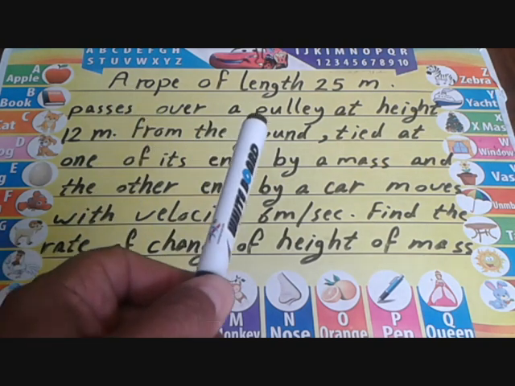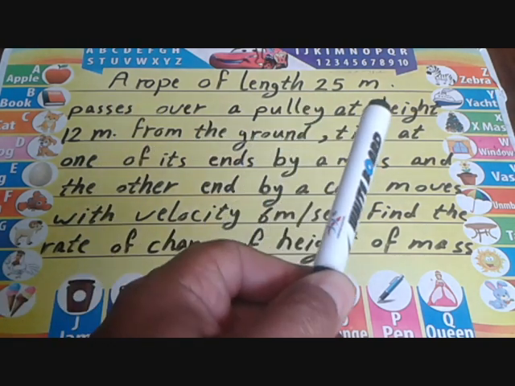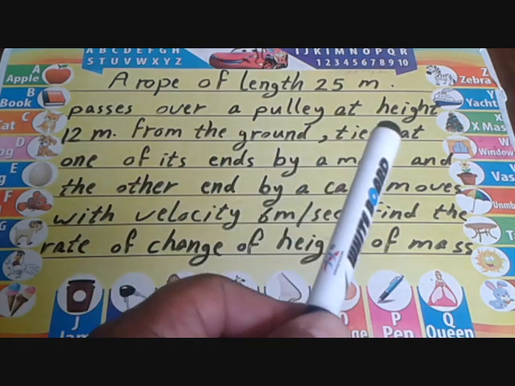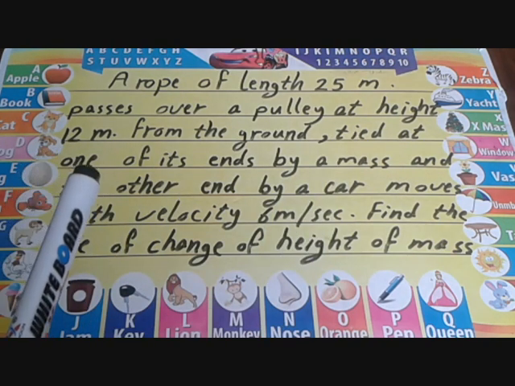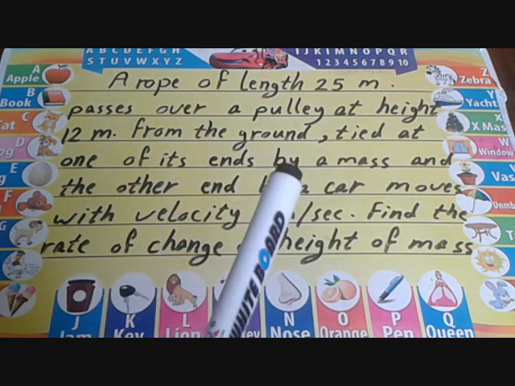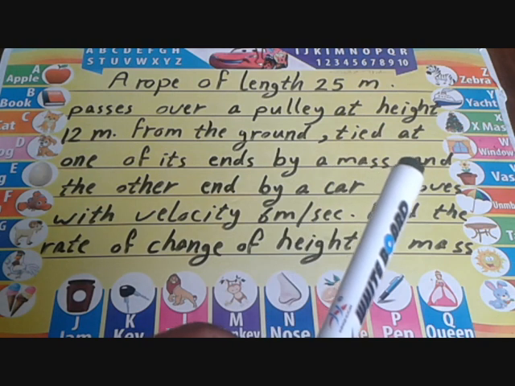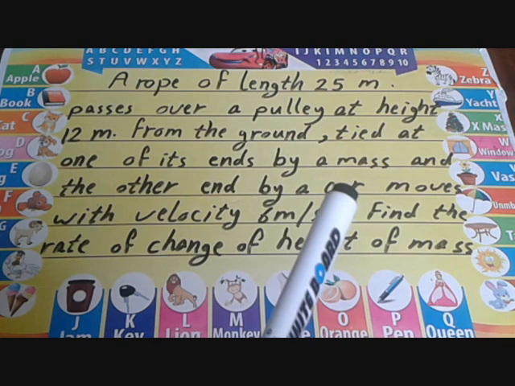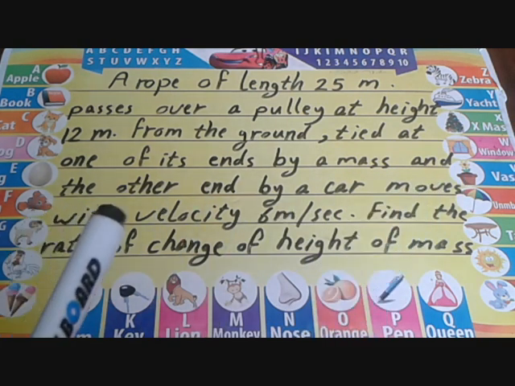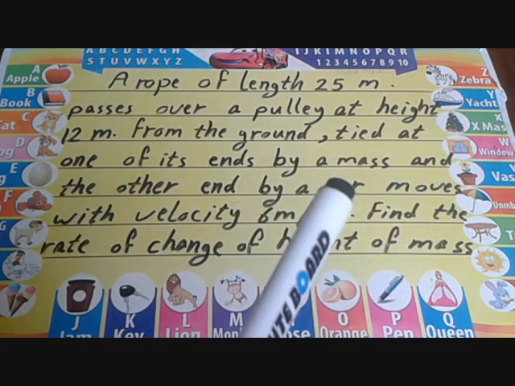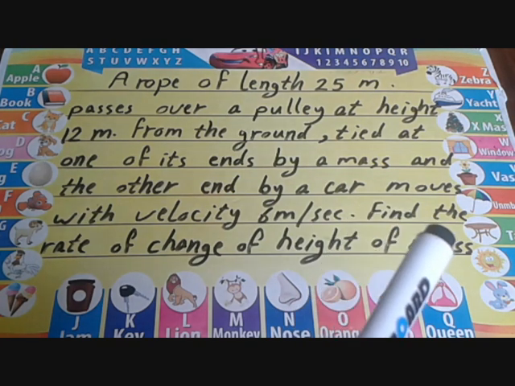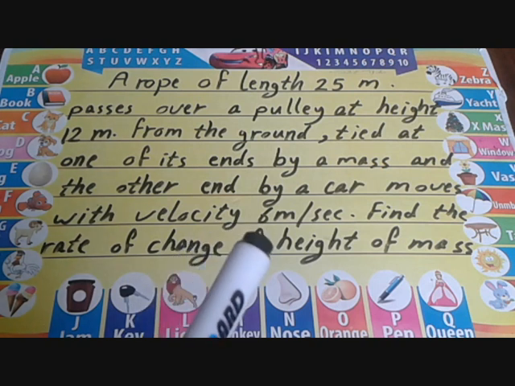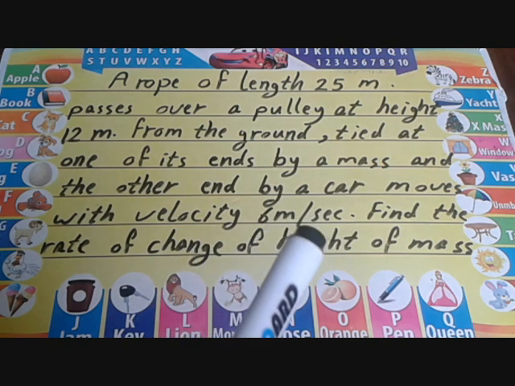A rope of length 25 meters passes over a pulley at height 12 meters from the ground, tied at one of its ends to a mass and at the other end to a car. The car moves with velocity 6 meters per second.